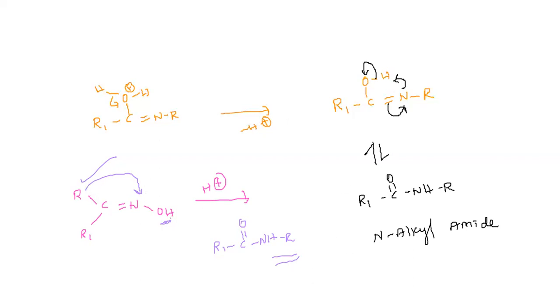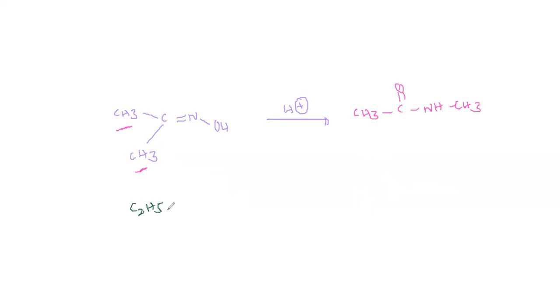For example, if both are the same, go for either one to migrate, because the two alkyl groups are the same. So CH3, then this carbon is converted to C double bond O, then NHCH3. For example, I'm giving another question: C2H5, then C, then CH3, then C double bond N, OH.